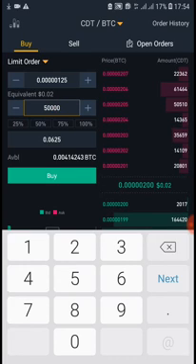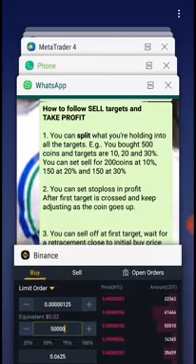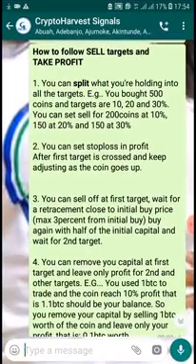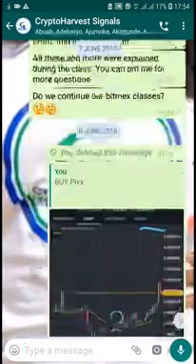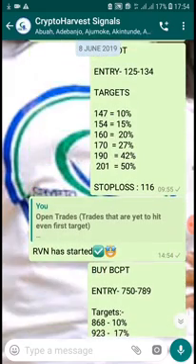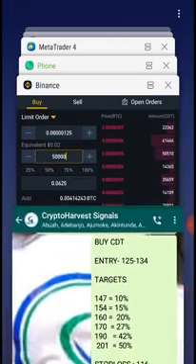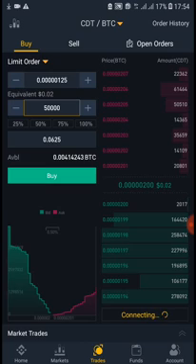Now I want to take my profits at 10%, 20%, and 30% using the targets we're given. The target for 10% is 147, 15% is 154, then 160, 170, and so on. So I want to split my 50,000 coins into those targets.